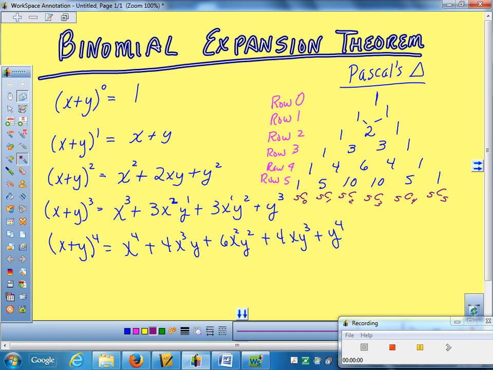Okay, a couple of patterns that are easy and quick to see. You'll notice you have two diagonals that start at the top and go 1, 2, 3, 4, 5 right down the diagonal, both ways. One of my favorite patterns is called the hockey stick.